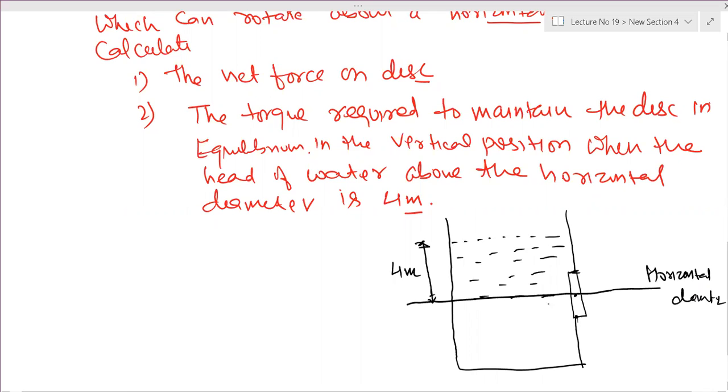And you have water filled. And this is the center of gravity of the disc also.